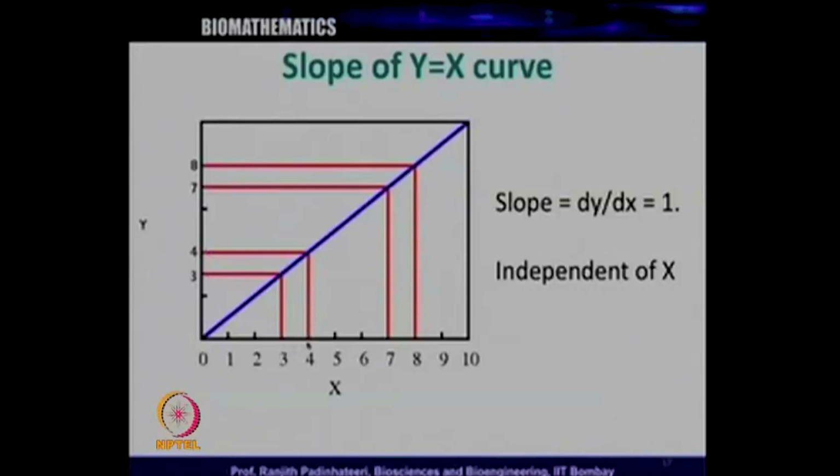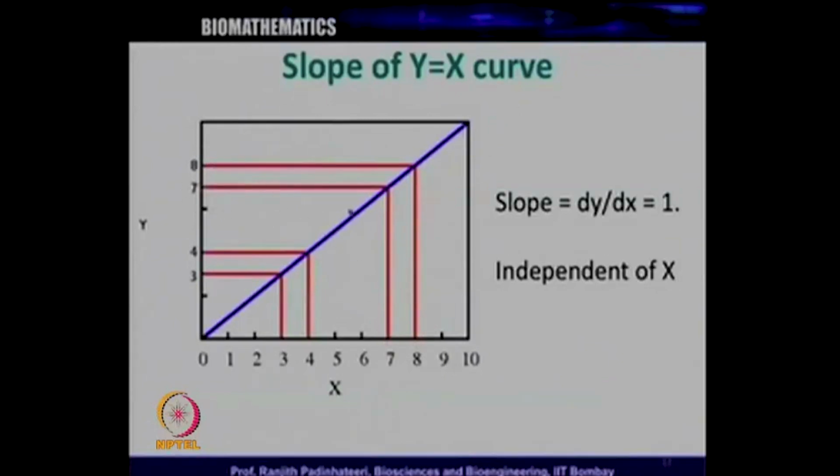Now, instead of taking 3 and 4, let us take 7 and 8, as you see here. If you plot a line from 7, you end up at 7. You plot a line from 8, the corresponding y value is 8. So, 8 minus 7 is 1. Here also 8 minus 7 is 1. So, the change in x here is 1, the change in y here is also 1.